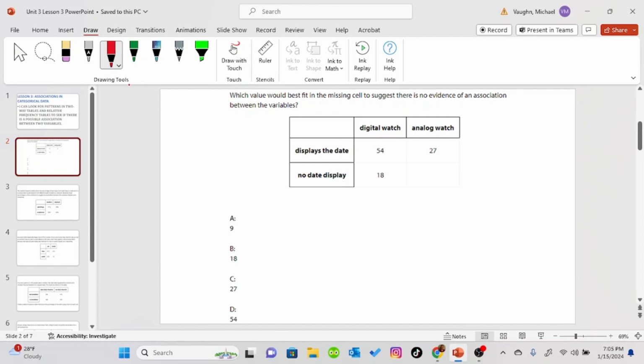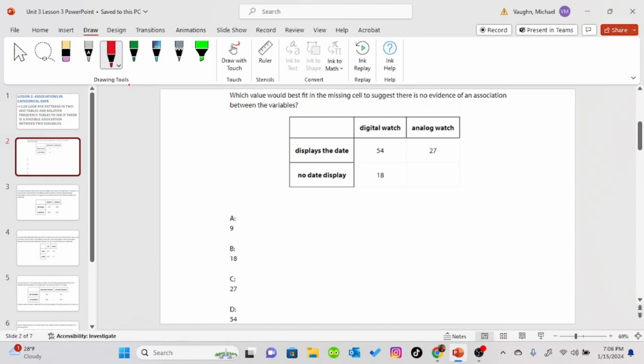Now, if we were to see ratios or proportions that were different from each other, then it would seem like there was some kind of association between what type of watch it was and whether or not the date was displayed on the watch. So if we want no evidence of an association, then we want the ratios or the proportions or the percentages to be similar.